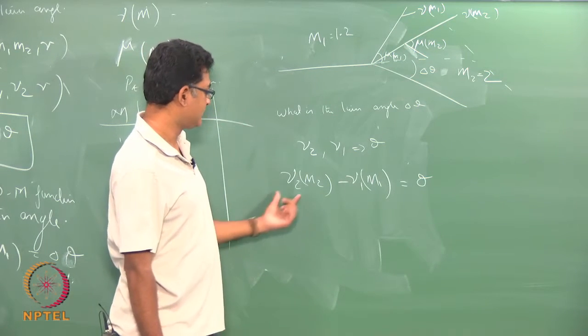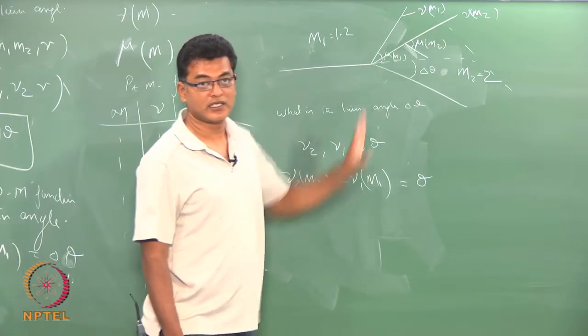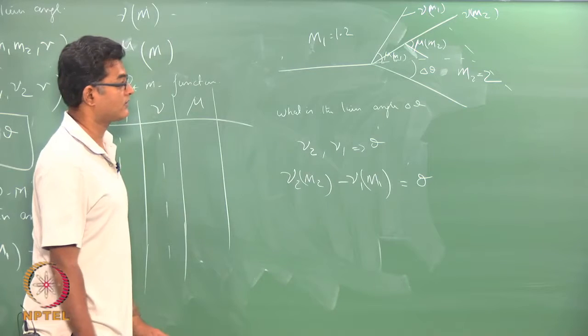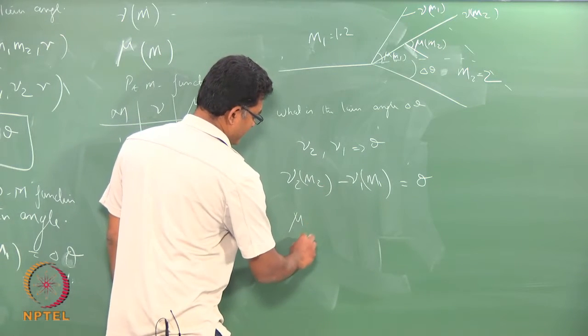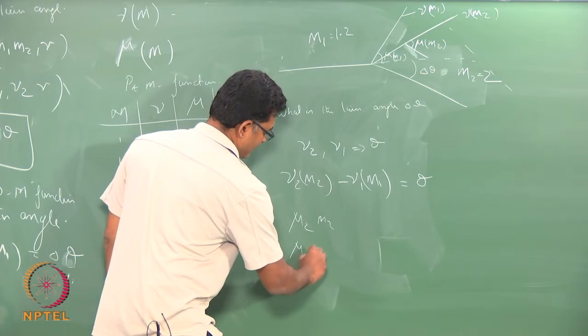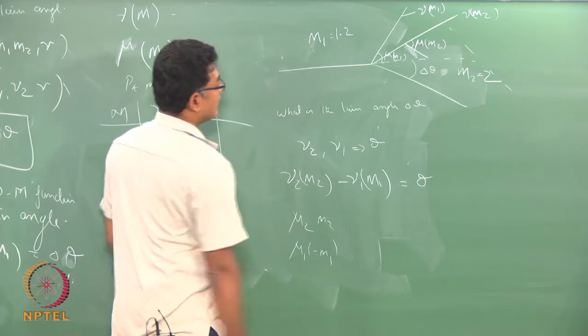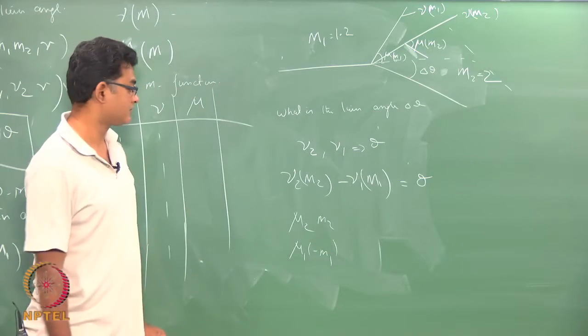Okay. So this difference in this particular function is your turn angle. Okay. So you can also find your mu 2 with your m2, mu 1 with your m1, and hence you can get all the angles associated with this particular turn.